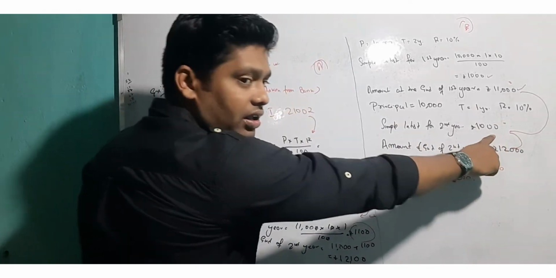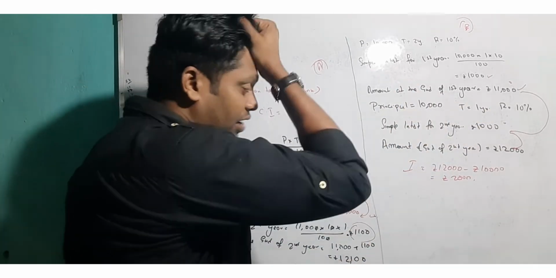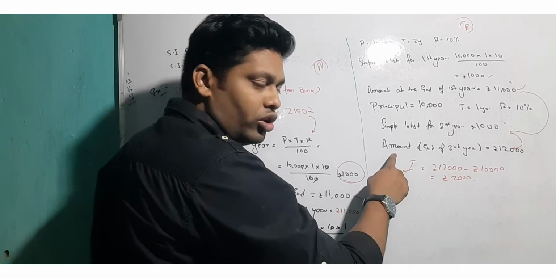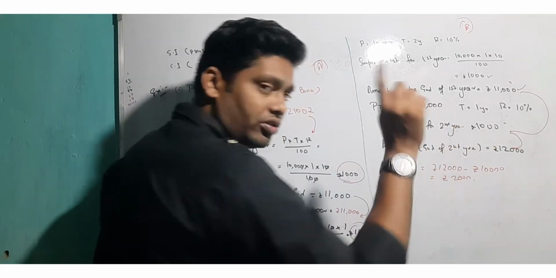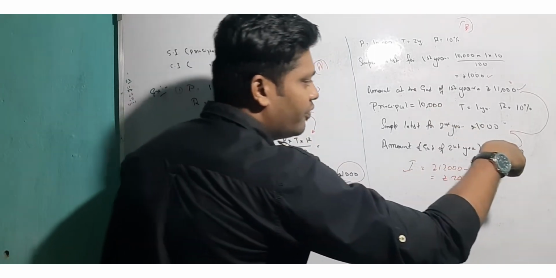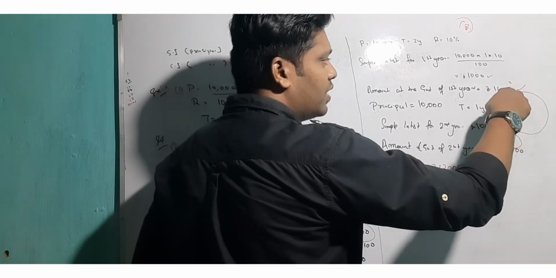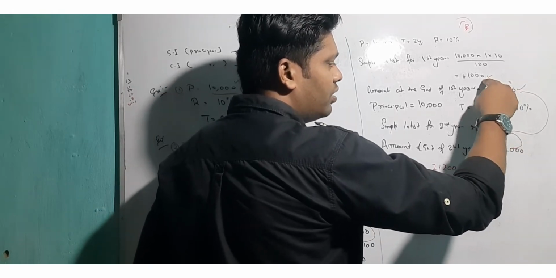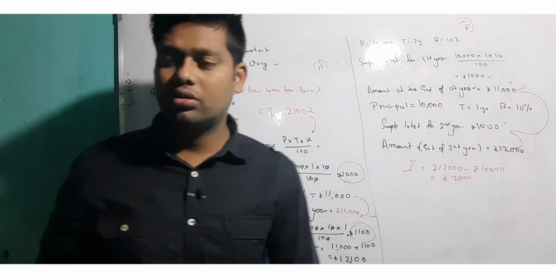I will take out the interest and again get 1,000 only, because the principal and rate are the same. After that, what do I have to find out? The amount. So 12,000 plus 1,000. When I was finding this, I used the amount together with the principal. Like this I will take it out simply.